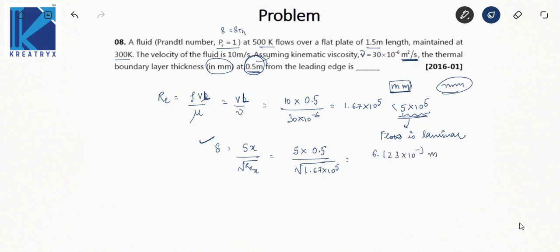We have to fill the answer in mm, so be careful. But you have to find the thermal boundary layer, and here you have got the viscous boundary layer. The Prandtl number is 1, so that implies delta is equal to delta thermal, which is 6.123 mm. Fill the answer 6.123. Take care of the units.